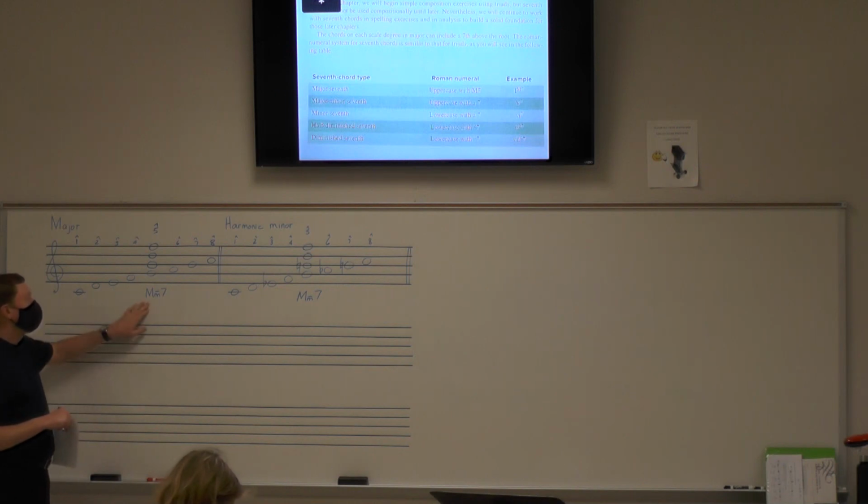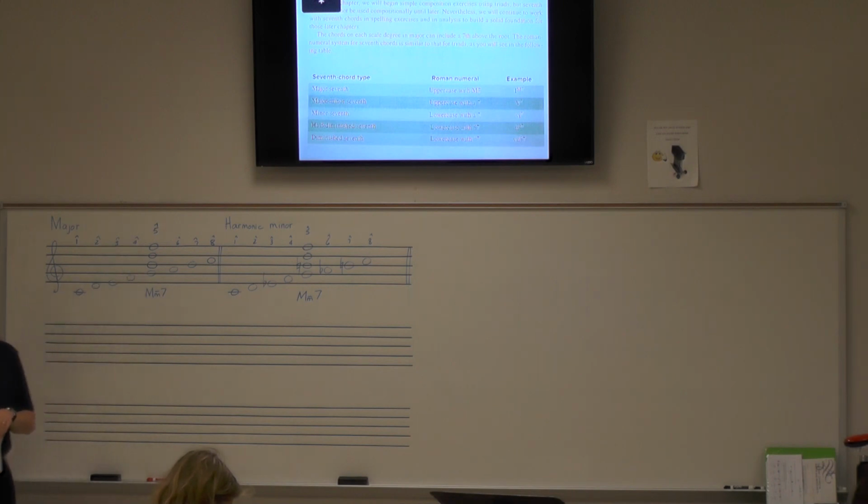The only time we get a major minor seventh chord diatonically in music is when you build it on scale degree 5. All the other diatonic seventh chords are other types. Scale degree 5 seventh chord is the only major minor seventh chord that occurs diatonically. All right.